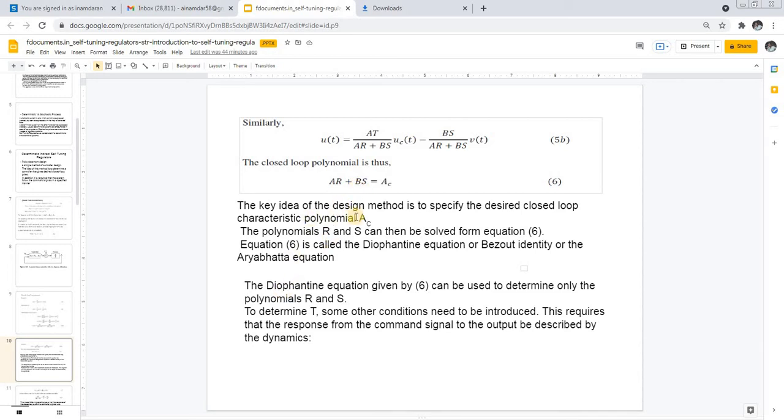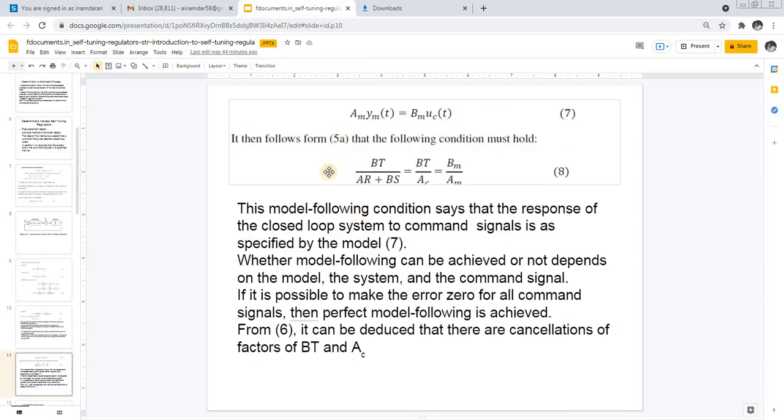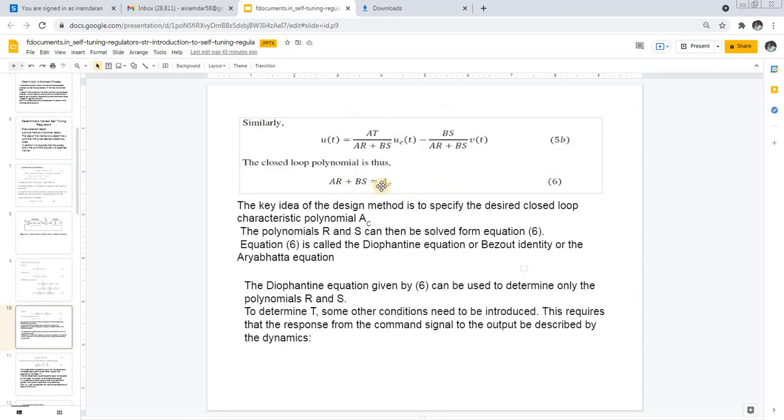So when we find the t, there are some other conditions which need to be introduced. This requires that the response from the command signal to the output be described by dynamics like this equation number 7. The Diophantine equation, this equation number 6, determines only the polynomials r and s.